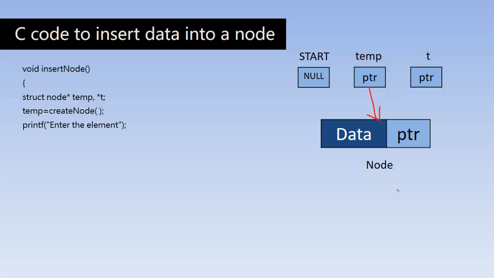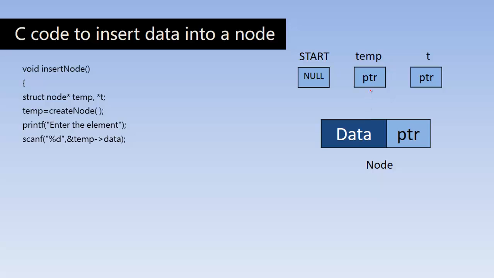So we'll ask the user to enter the element. The user will enter some element, and that is going to be stored in the address of temp->data. temp->data means this part. So temp is a pointer variable, and this is pointing to this node. temp->data means this part, the data variable. The data which is coming in will be stored here, right?